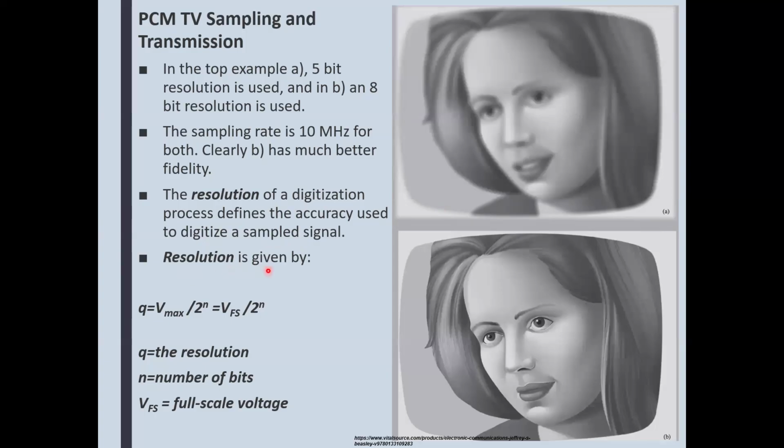Resolution is given by, here's the Q, the resolution is the maximum voltage divided by 2 to the power of the number of bits that we're going to use. Ones and zeros, eh?